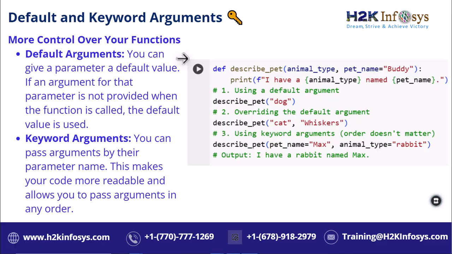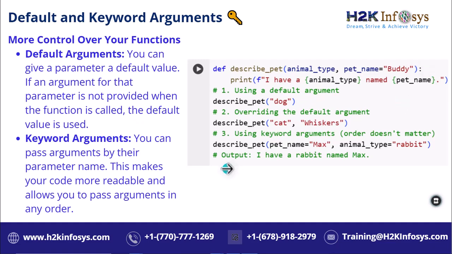Here, if you want to freeze one of the parameters, you can freeze it. If an argument for that parameter is not provided when the function is called, the default value is used.